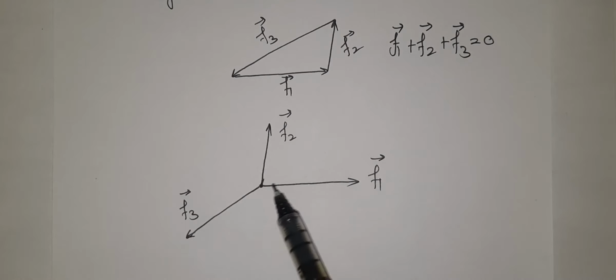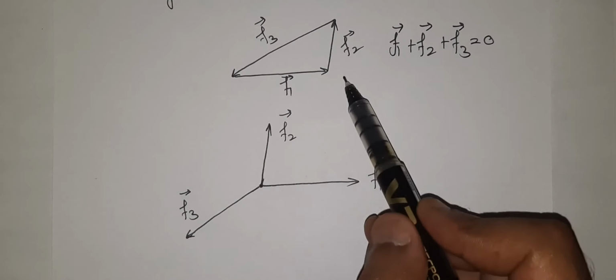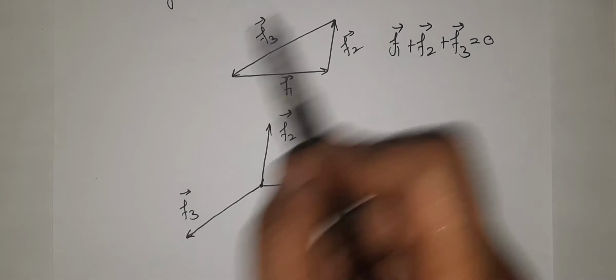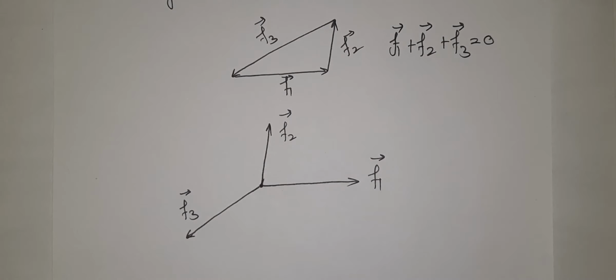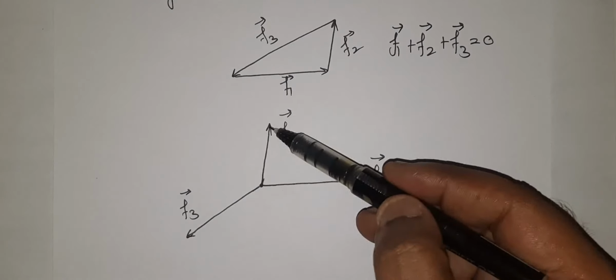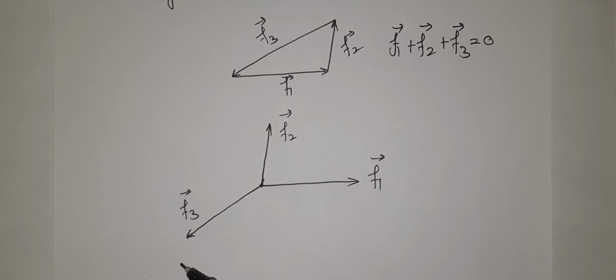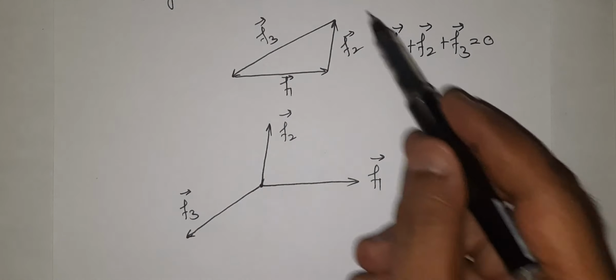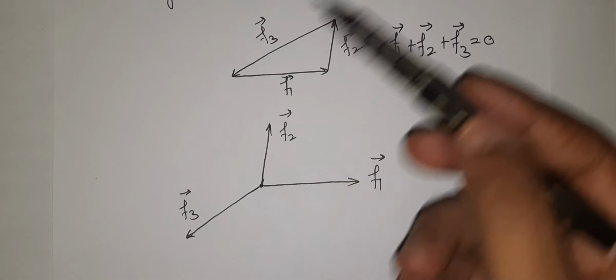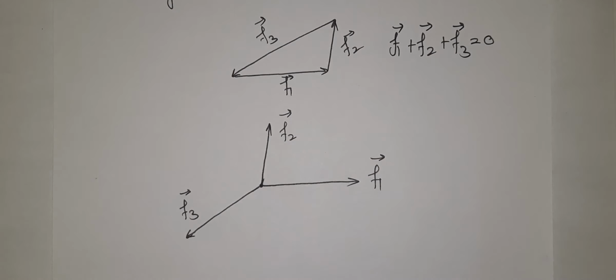These are the three forces which are represented by the sides of the triangle: F1, F2 and F3. As I said, these three form a closed triangle and their resultant is 0, which we have already discussed.